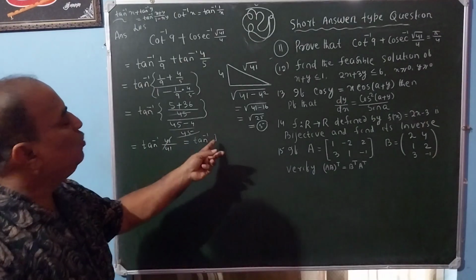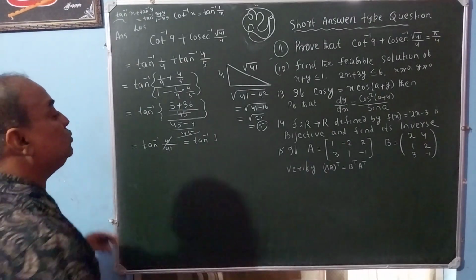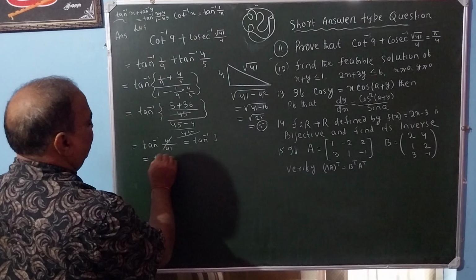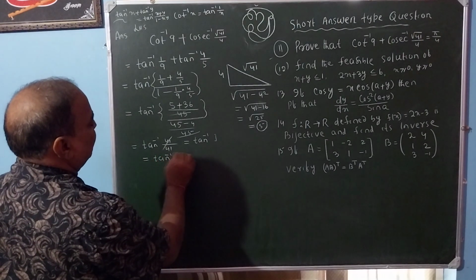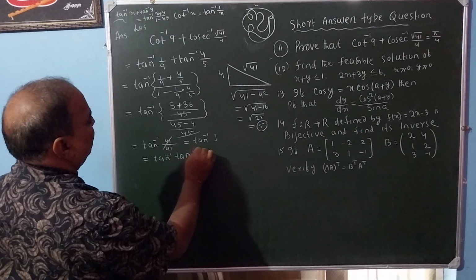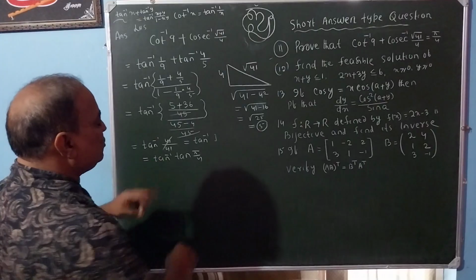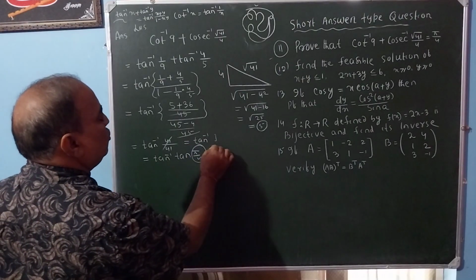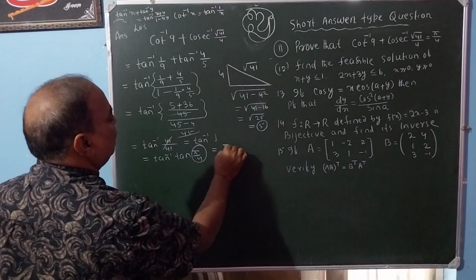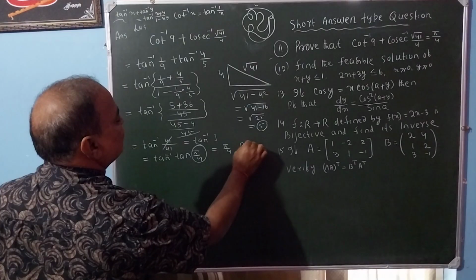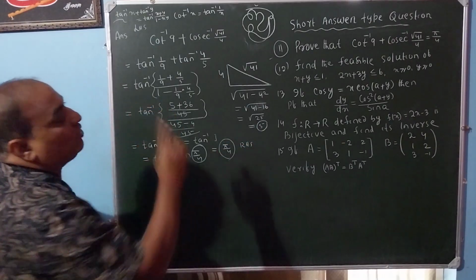Tan of what has value 1? Tan pi by 4. So it is tan inverse tan pi by 4. Tan inverse of tan box is equal to box. It is pi by 4. So it is the RHS, and this is the answer of the question.